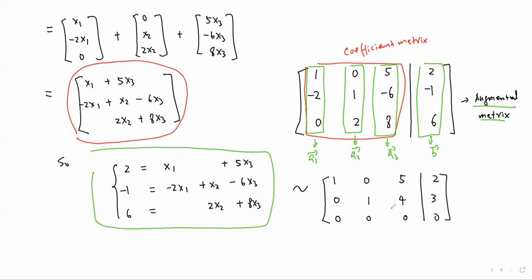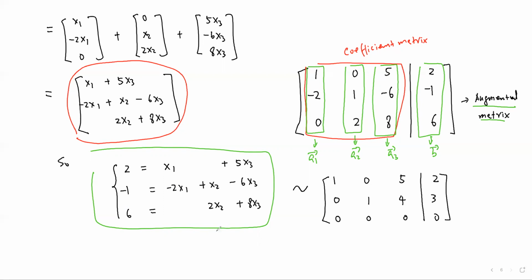Actually, this matrix is in echelon form, and further, it is in reduced echelon form. Leading entries are all 1, and each leading entry is the only non-zero number in its column.